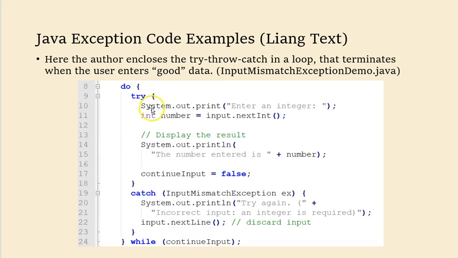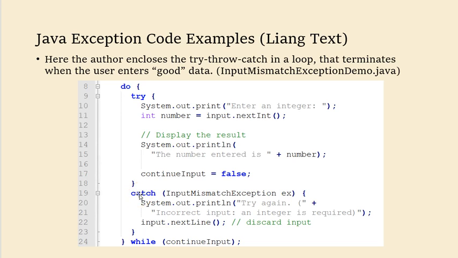If you are trying and they actually put in an integer, then this is the code, lines 10 through 17, that gets executed. But if they put in a non-integer, that includes characters, that includes punctuation marks, then an error will occur, but the error will get caught. InputMismatchException will get caught.